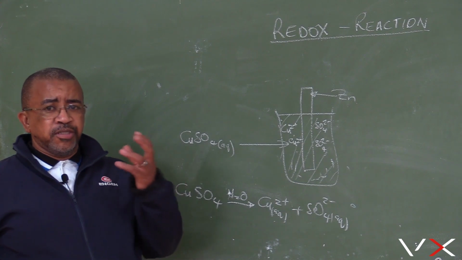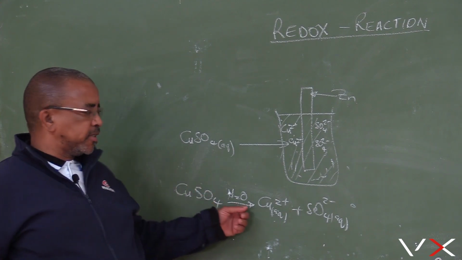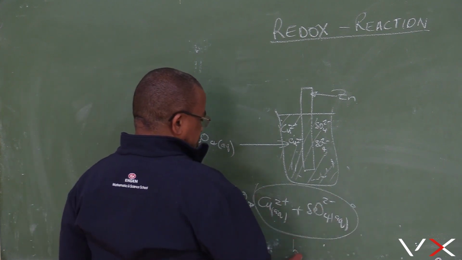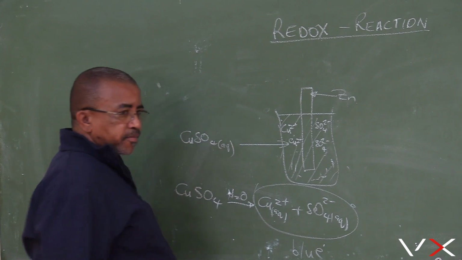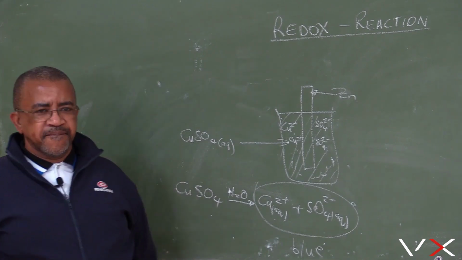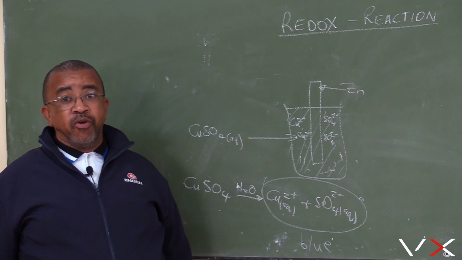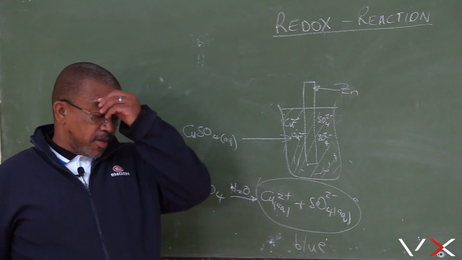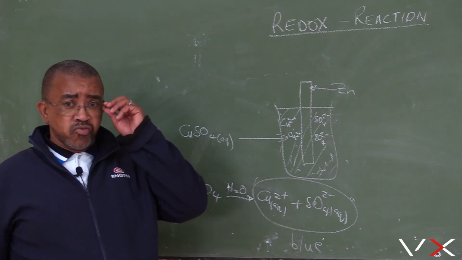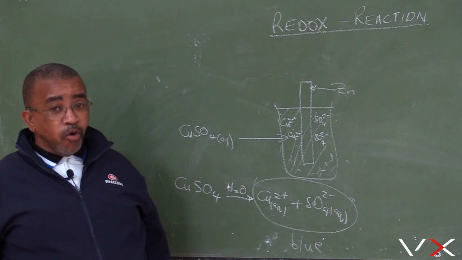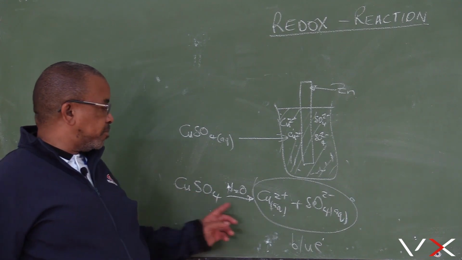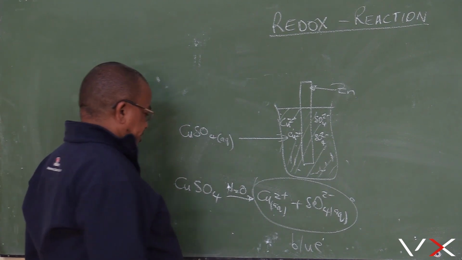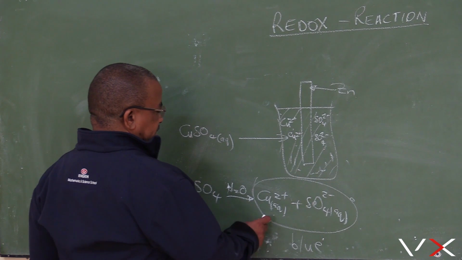When you look at that solution, the combination of copper 2 sulfate in water, you find that the solution is blue in color. It is the copper 2 sulfate. Now this copper 2 sulfate, once you put it in water, gives you that.